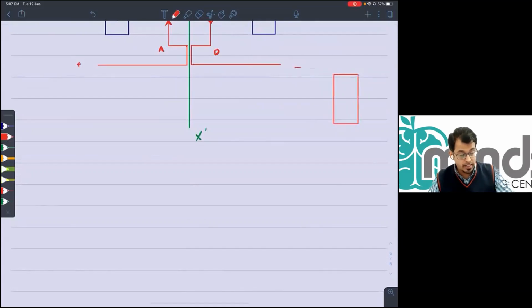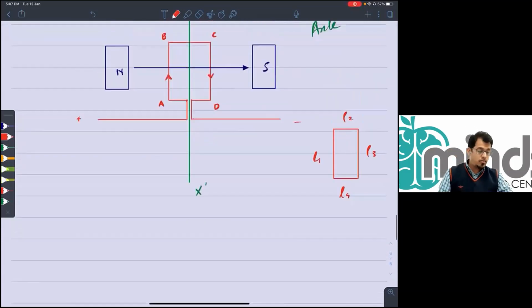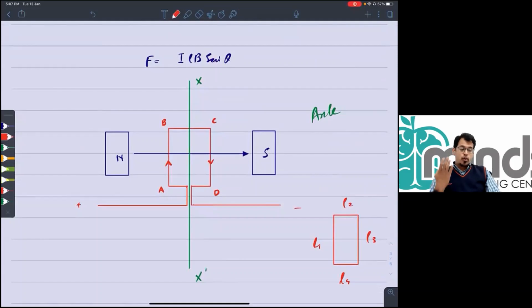Those 4 conductors are like this: L1, L2, L3, L4. There are total 4 conductors in this magnetic field. If I ask you, these 4 conductors are placed in a magnetic field, you have to decide just 2 things. Which conductor will experience the force and which conductor will not experience the force?